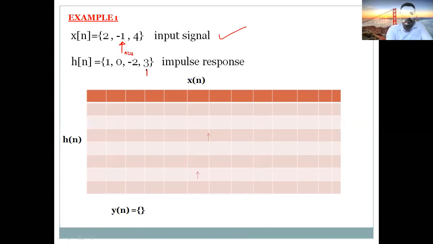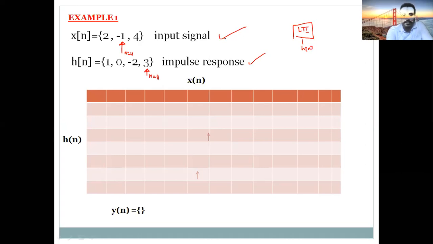For the impulse response, the arrow is here, which is n is equal to 0. So the impulse response of an LTI system is given. So we have an LTI system here, a linear time invariant system, with impulse response h of n.